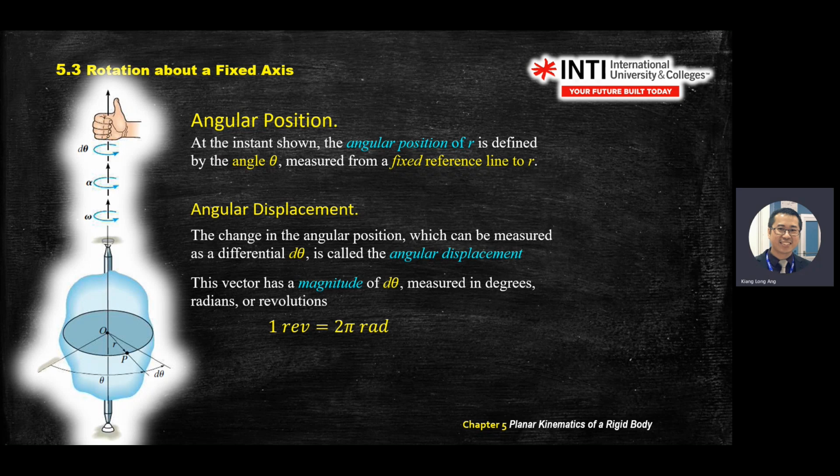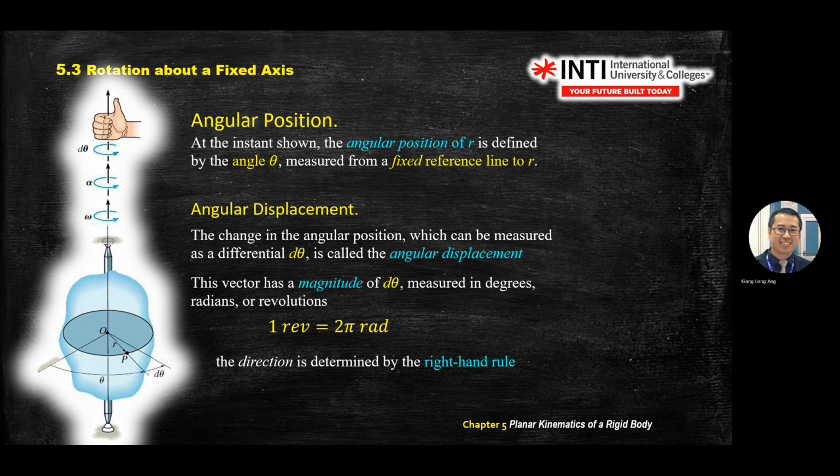But in rigid body, don't use particles equations anymore. Again, direction is defined by right-hand rules. In this case, particle R moves anti-clockwise. You have all these terms. We will look at each one of them.